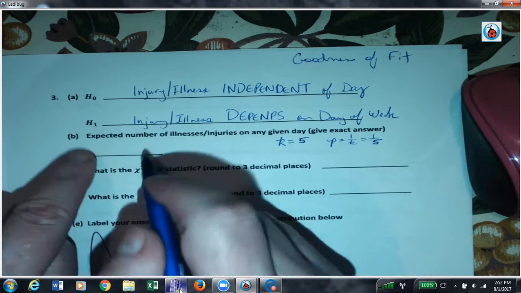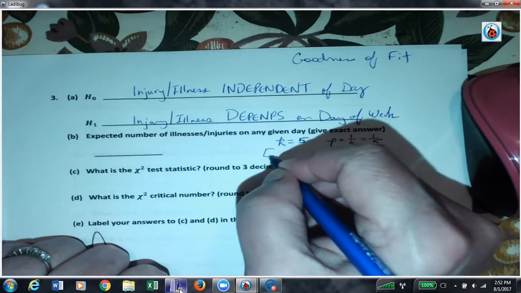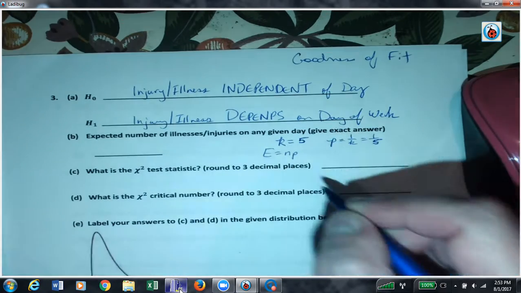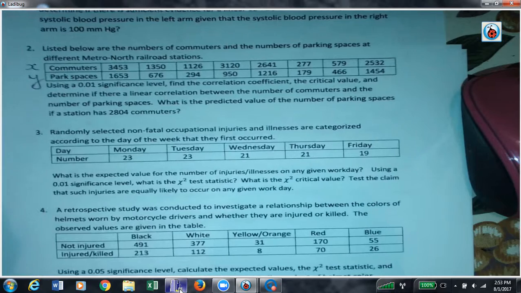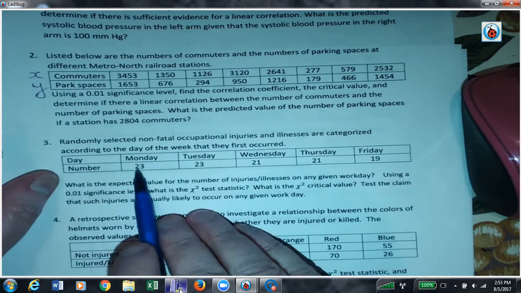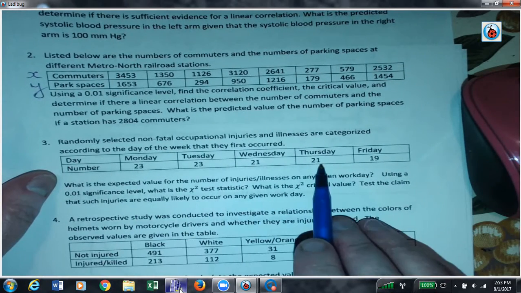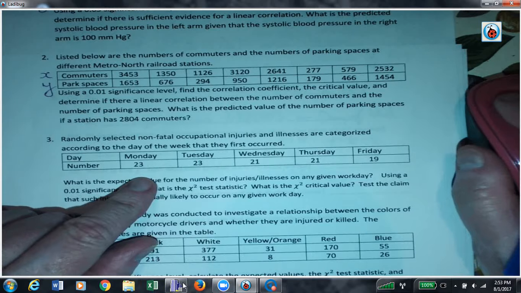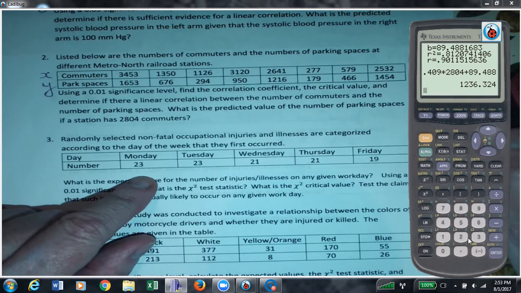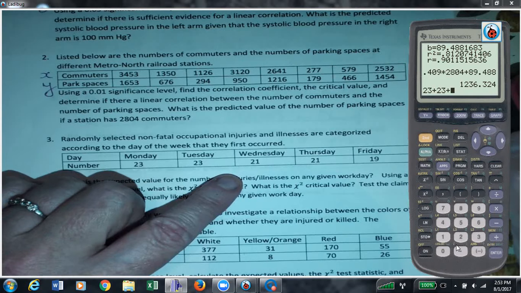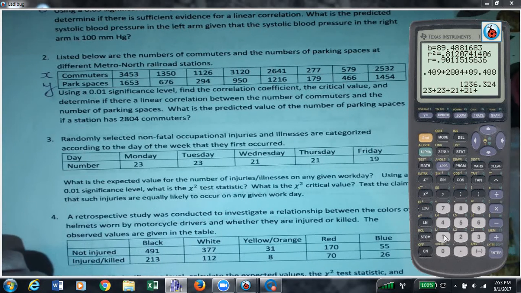Okay, and so the expected number is equal to n times p. And what is n? N is all of the illnesses and injuries. So n is going to be equal to 23 plus 23 plus 21 plus 21 plus 19.